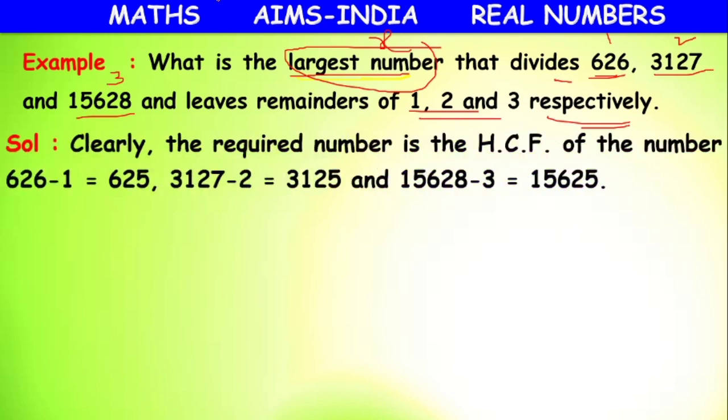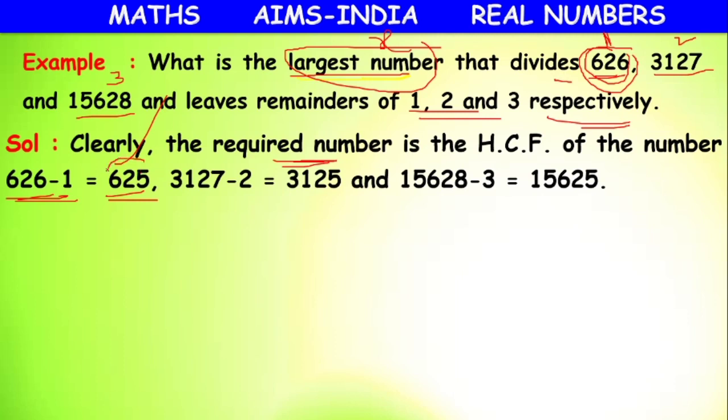So how to find? The required number won't divide 626 exactly. It divides 626 with the remainder 1. That means if you remove 1 from 626, we will get 625.